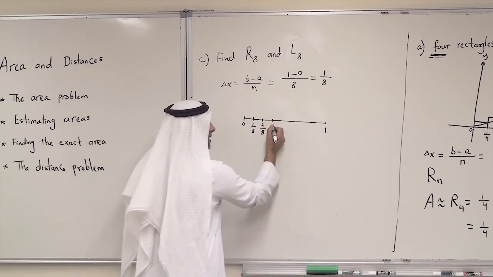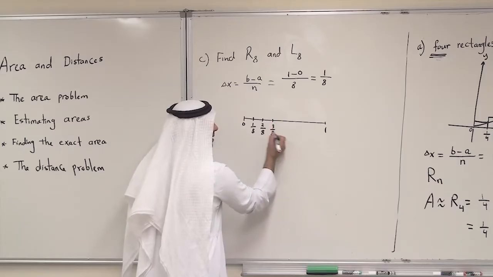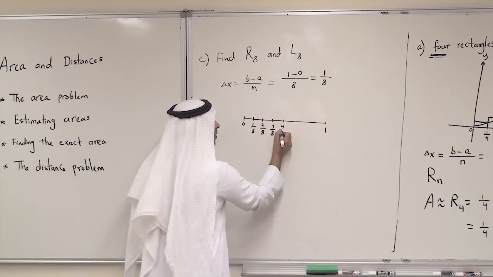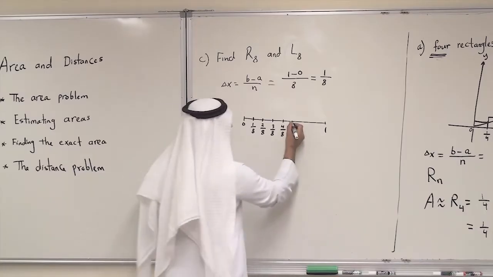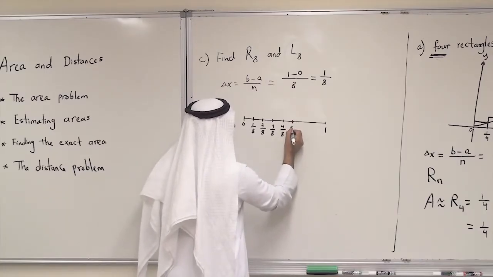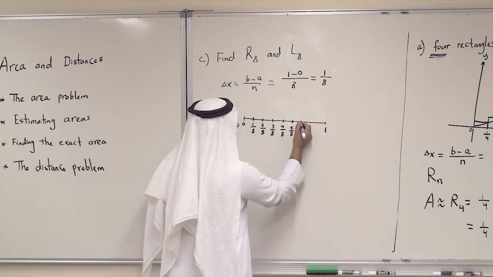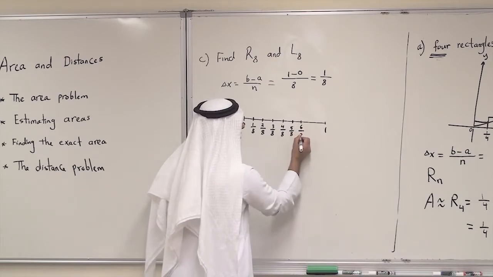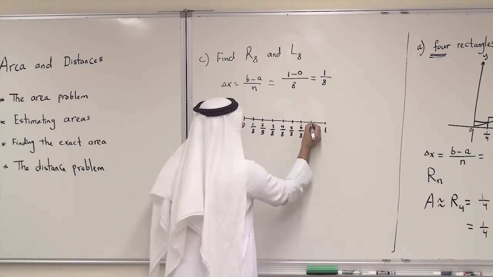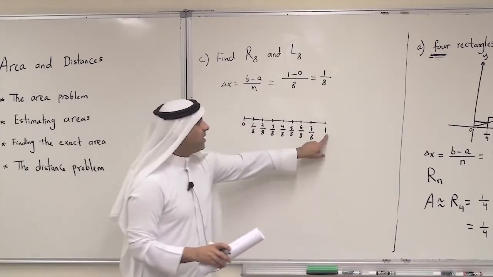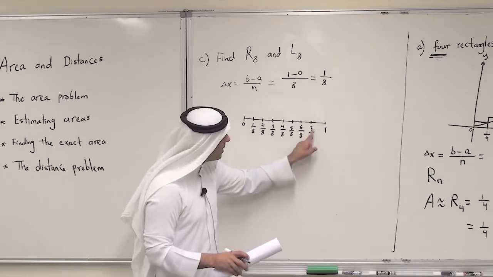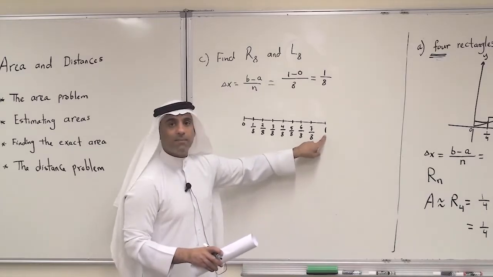The next one is 3/8, and the next one is 4/8 or 1/2. Then this is 5/8, this is 6/8 or 3/4. Then we have 7/8, and finally we have 1, because once you add 1/8 again, you reach the last point.